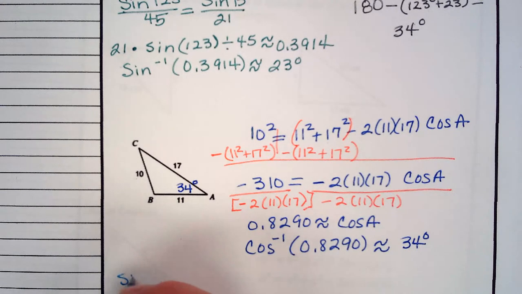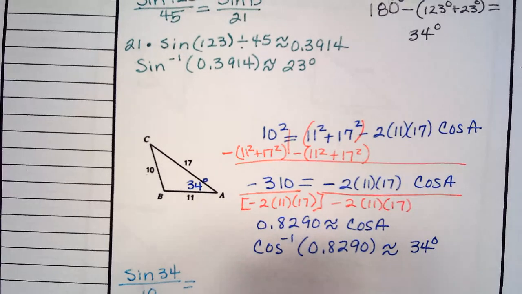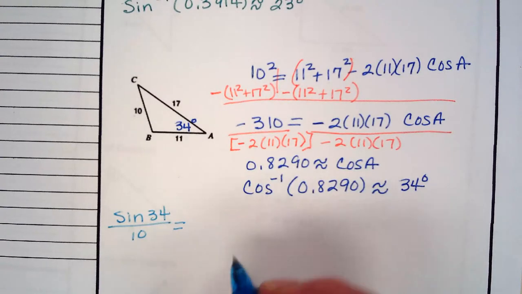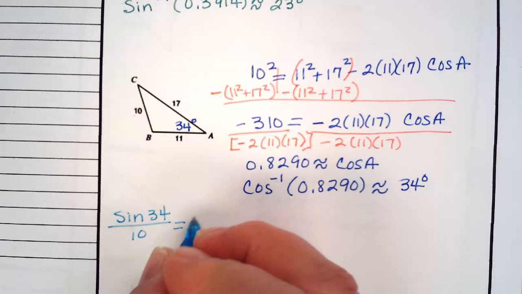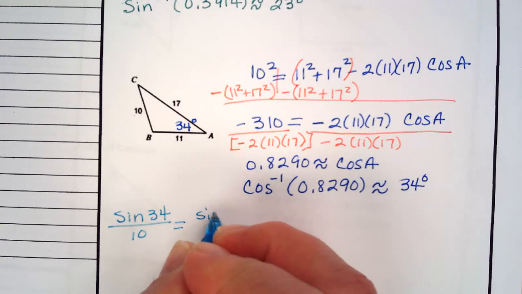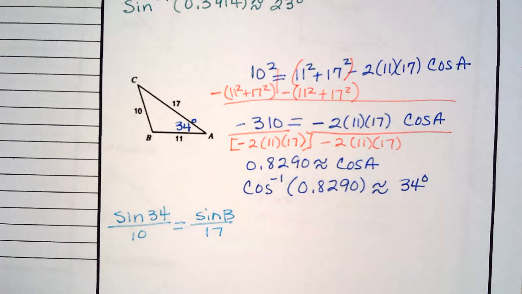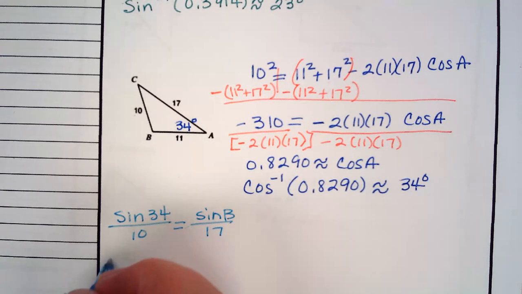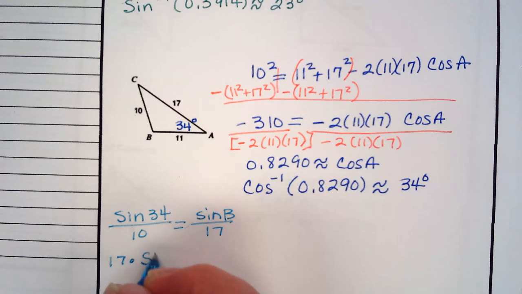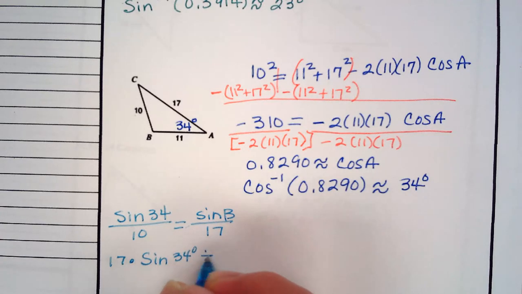So the sine of 34 over 10 is equal to, you want to find B or C first. We'll find B, so it'll be the sine of B over 17. Do your cross multiplication, 17 times the sine of 34 degrees divided by 10.